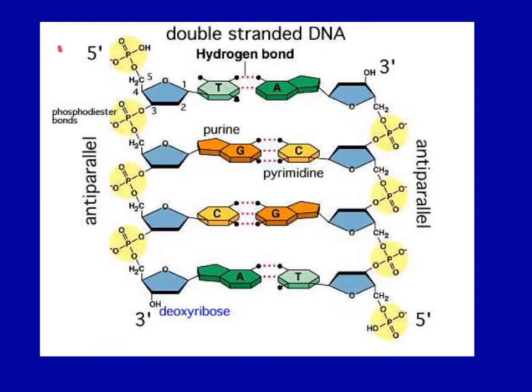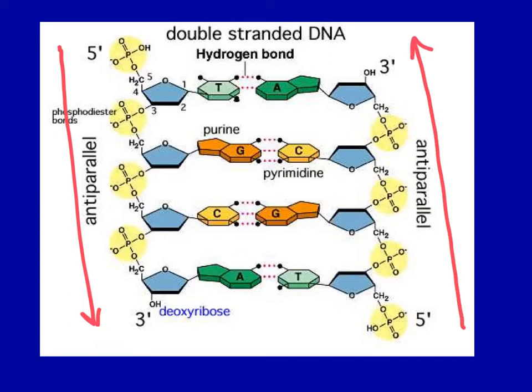Here's one strand, and here's the other strand, and they line up anti-parallel. Parallel means going the same direction, with the same distance between them the entire way, but here one is going in one direction and one is going the other direction. That's why it is anti-parallel.